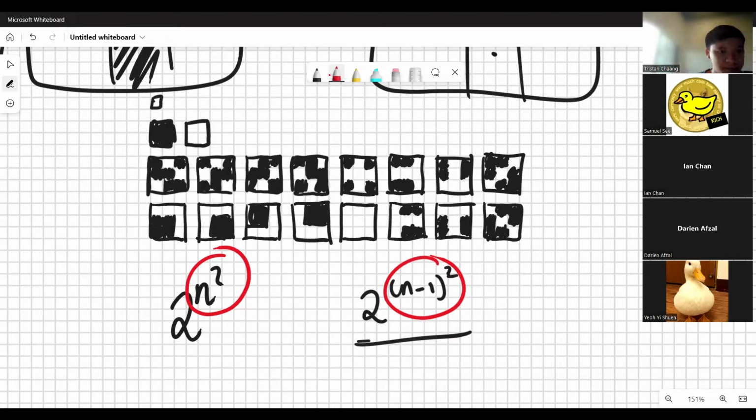Anyone? A smaller square can have one outer layer, making a square 1 unit bigger.